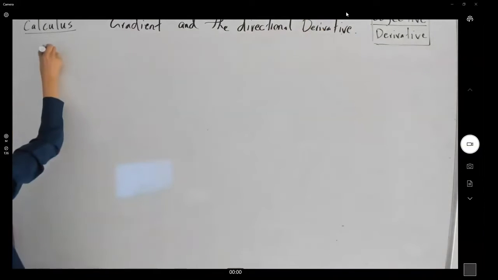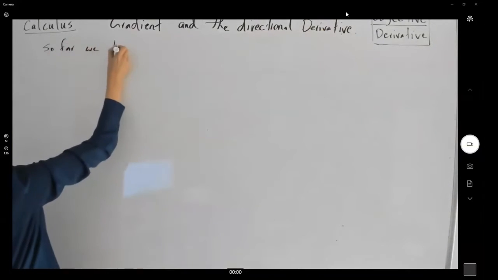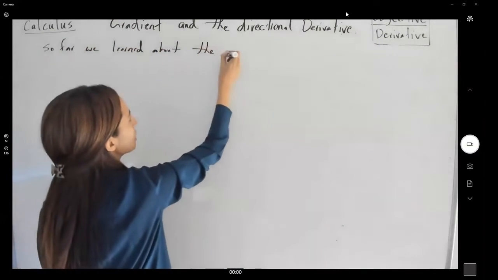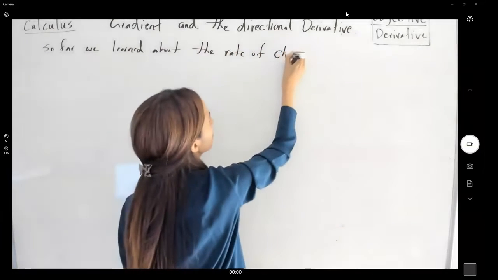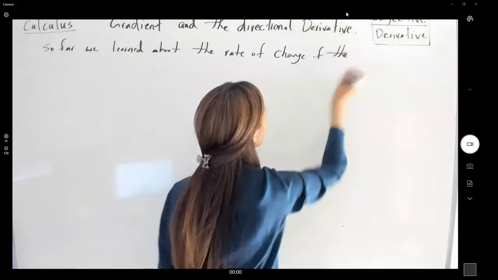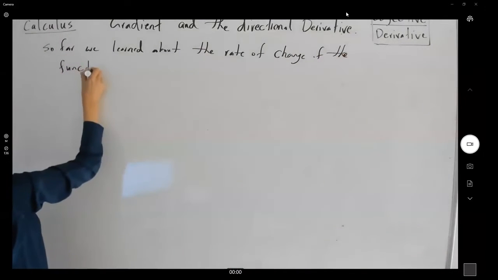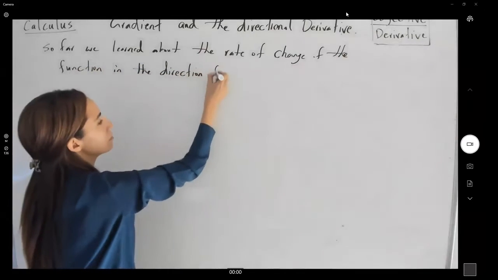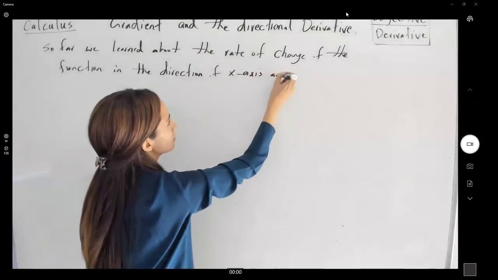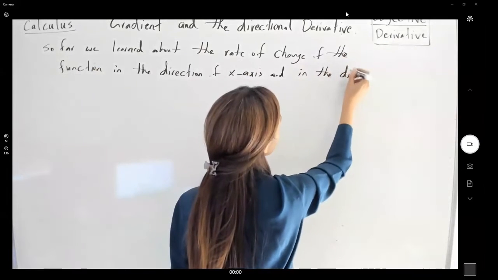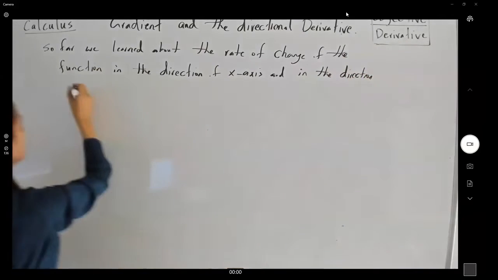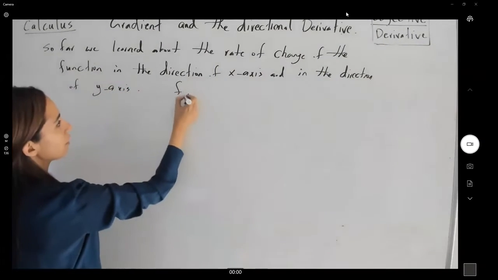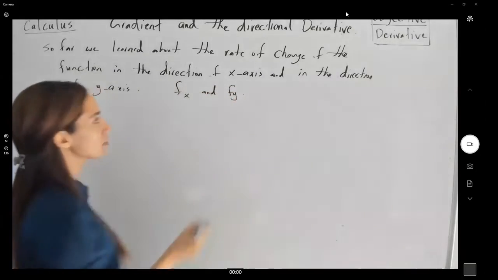So far we learned about the rate of change of the function in the direction of the x-axis and in the direction of the y-axis, which we denoted by f_x and f_y. So what's the meaning of that?